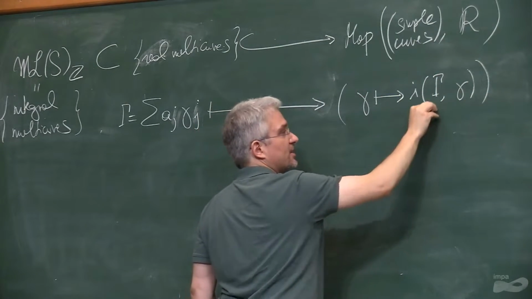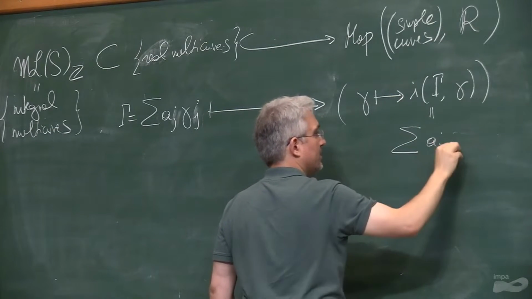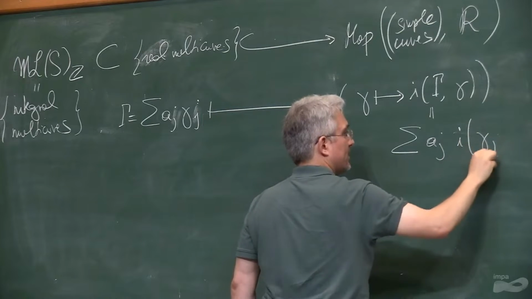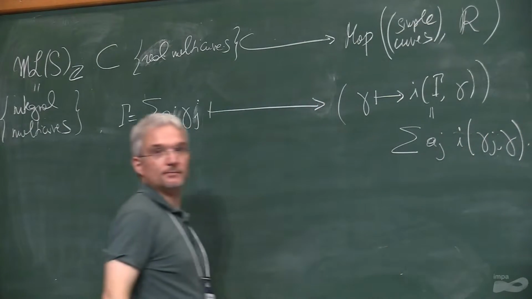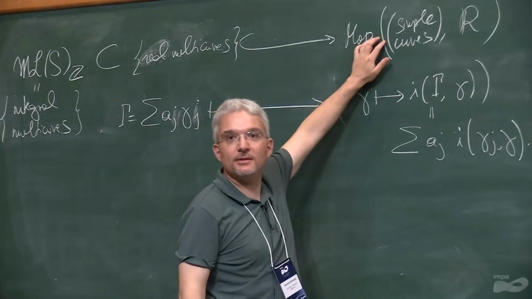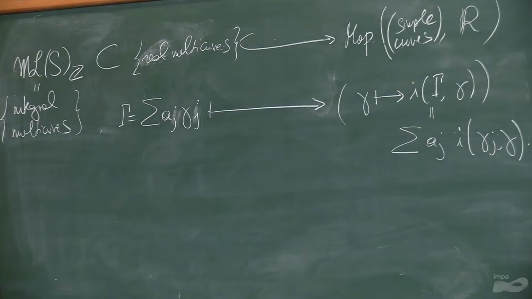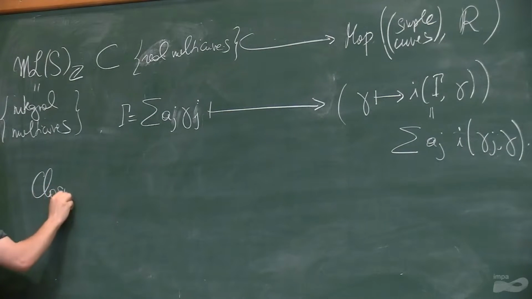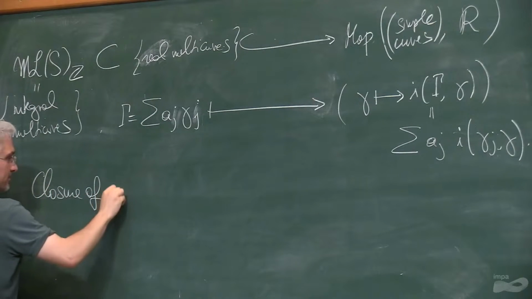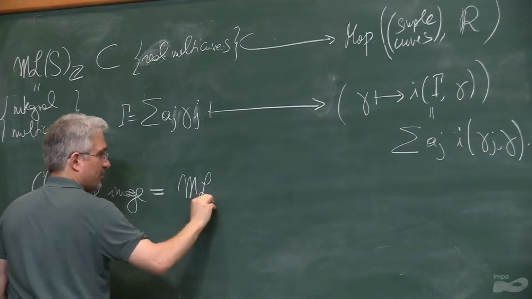So this quantity is just defined by linearity. So this is the sum of a_j times the intersection of gamma with J. So you embed this inside this huge space of maps, which has a topology, and then you take the closure. So this is one definition.